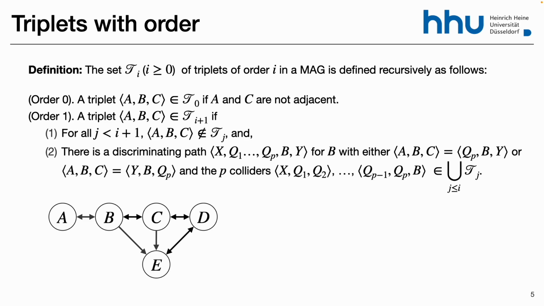First question, is there a discriminating path where CEB is the last triplet? No, because E is not a parent of C. So it has to be a path between 2 separate variables, first of all.